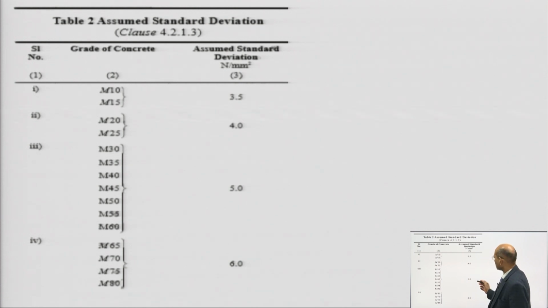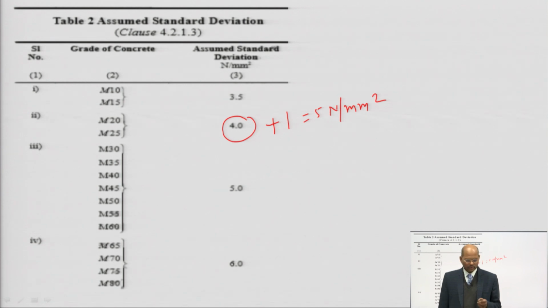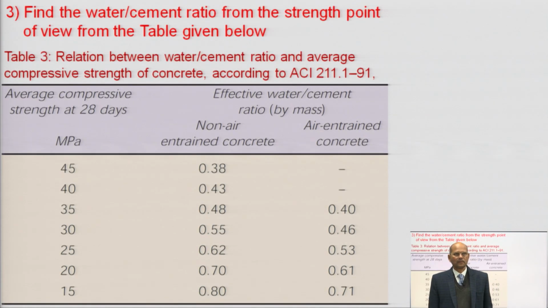Let us say I want to do M25 grade concrete and the standard deviation assumed is 4. If quality control is not good, then you increase it by 1, so you have to take 5 Newton per mm square standard deviation. That depends on the quality of the contractor. If you get a well shaped frequency distribution curve, then you can say it has good quality control.